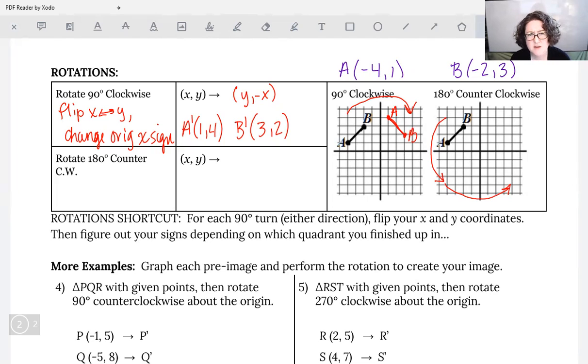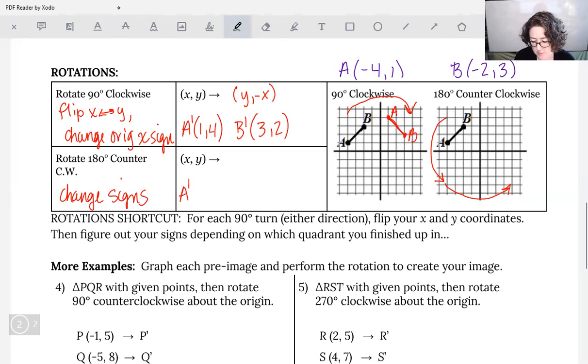Isn't that the same thing as a reflection in the origin? It's in the same place. And in fact, a reflection in the origin is exactly the same thing as a 180 degree rotation. So we're going to use exactly the same rules. And the only thing that we did for those is we changed our signs. So change signs. Our original A was at (-4, 1).